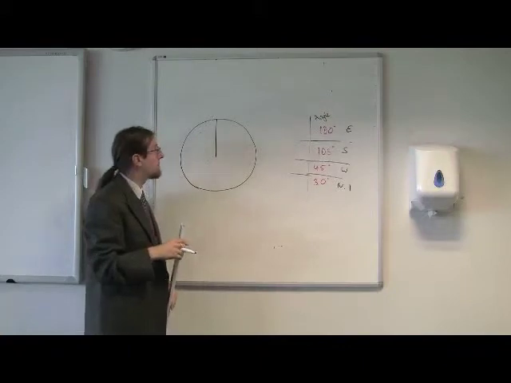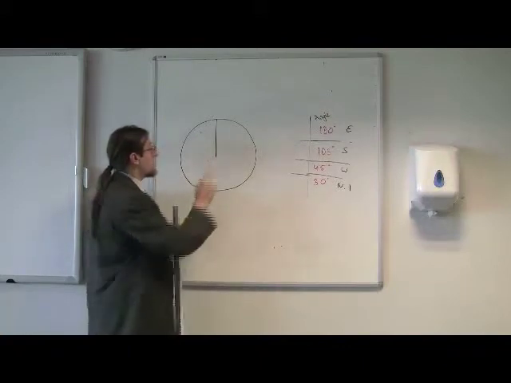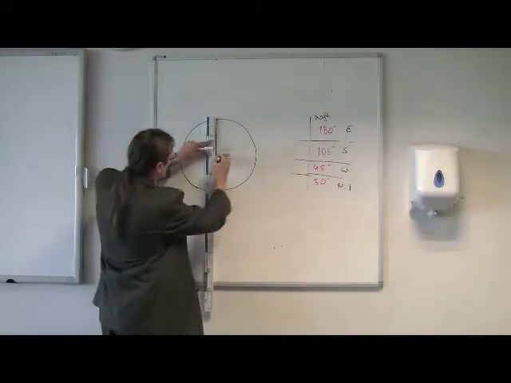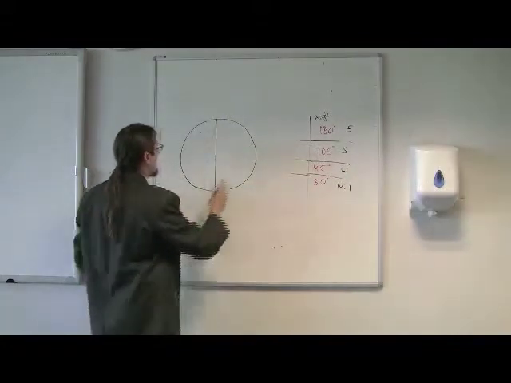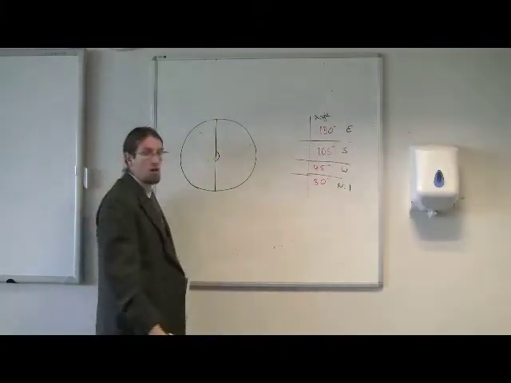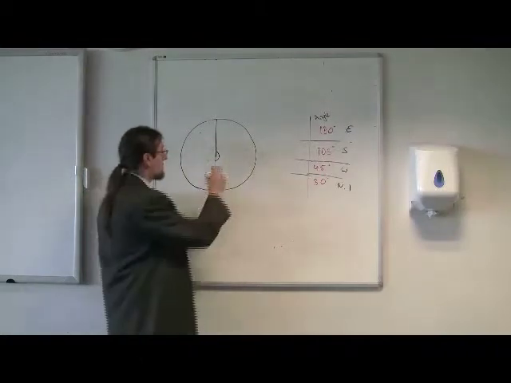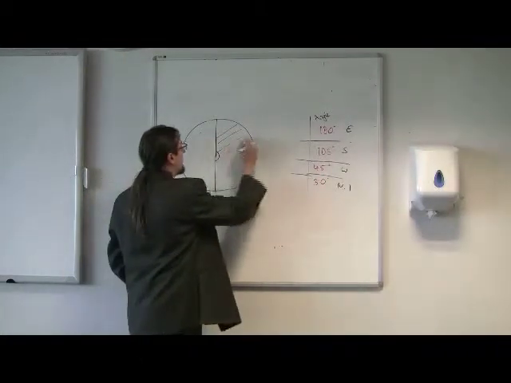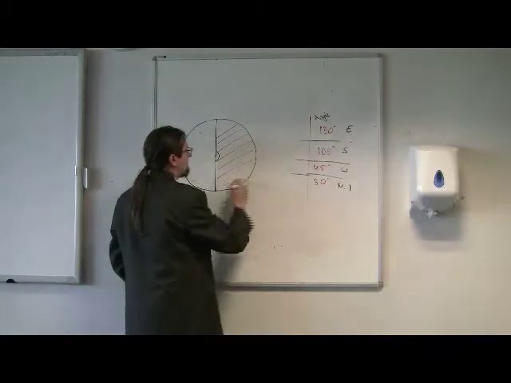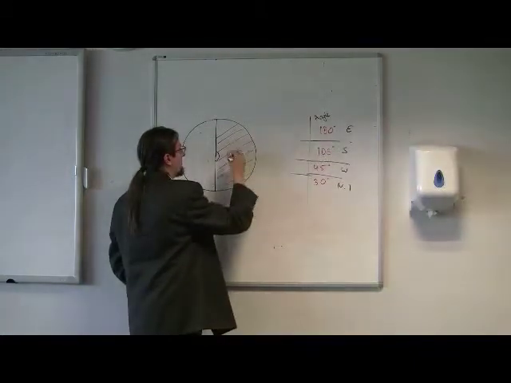Now our first angle is 180 degrees, and 180 degrees is just all the way around a straight line. So this here could represent England.